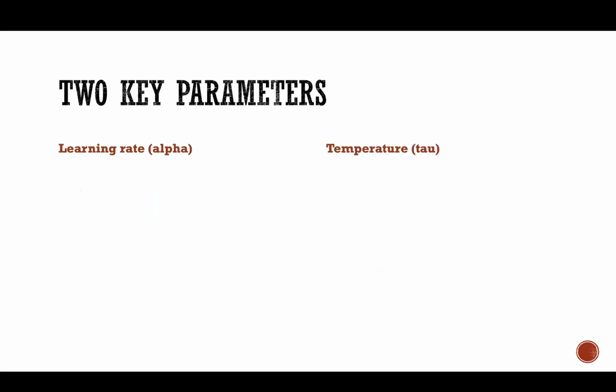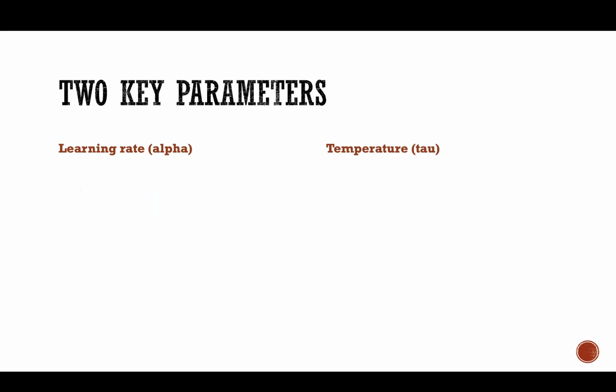But so we have two key parameters, right? We have a learning rate, which is the rate at which the model adjusts its expectations to the reward, right? When the model gets feedback, it takes the difference between the feedback and its expectation, and then adjusts the expectation accordingly in a way that's moderated by the learning rate.